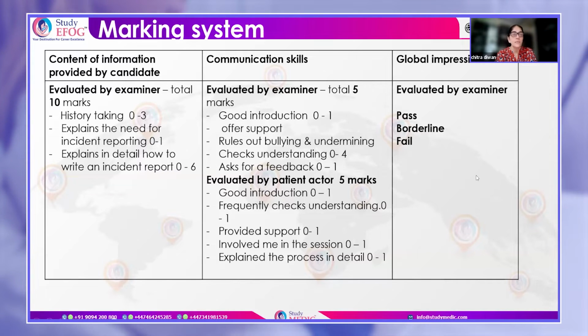For communication skills, 5 marks are going to be given by the examiner, and 5 marks are going to be given by the role player or the patient actor. By the examiner, it is assessed how you are introducing yourself, whether you are offering support, finding out that everything is good in the department, frequently checking for understanding, and asking for feedback.